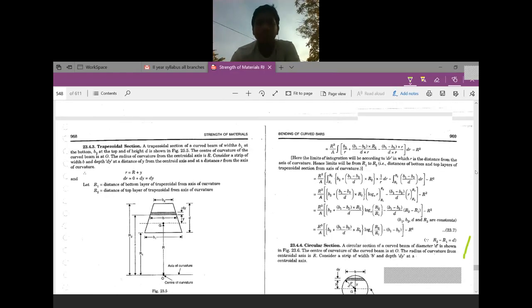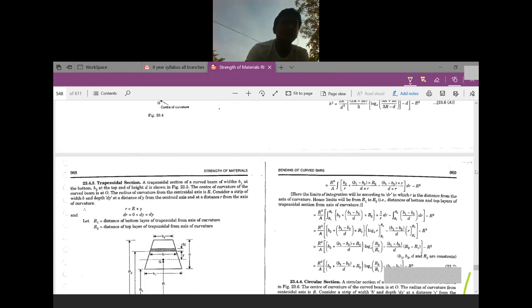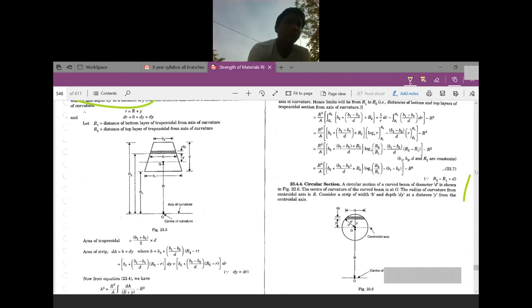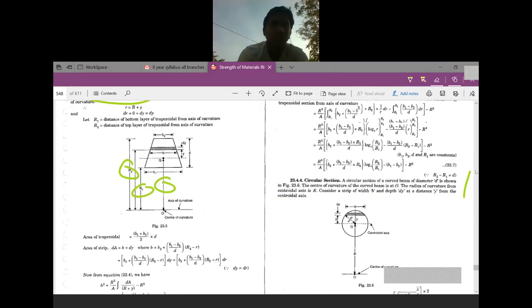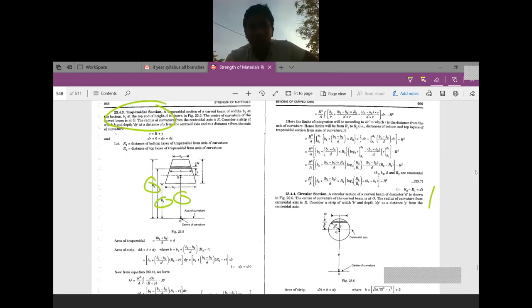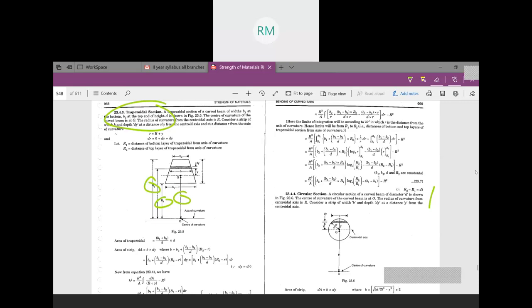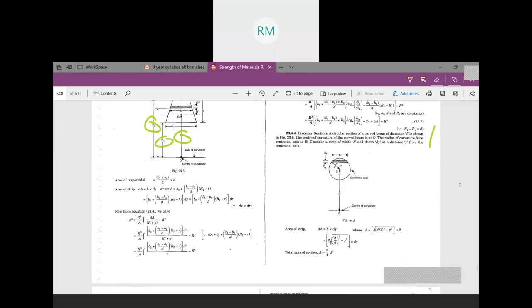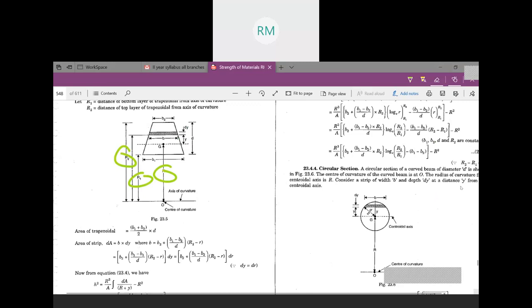Here is the h value for the trapezoidal section of a curved bar. Here he has given a trapezoidal section with a radius r. R1 will be the inner radius, R2 will be the outer radius, and here we are considering the section with these given values.